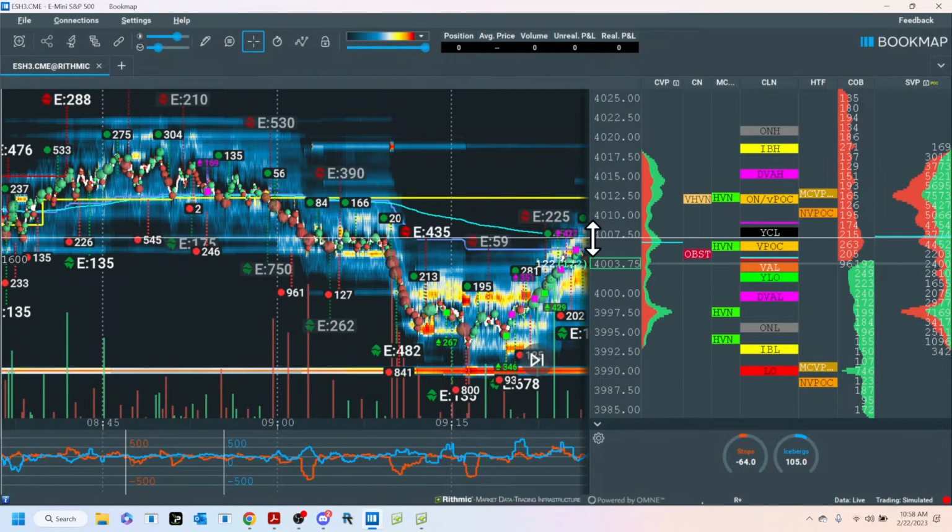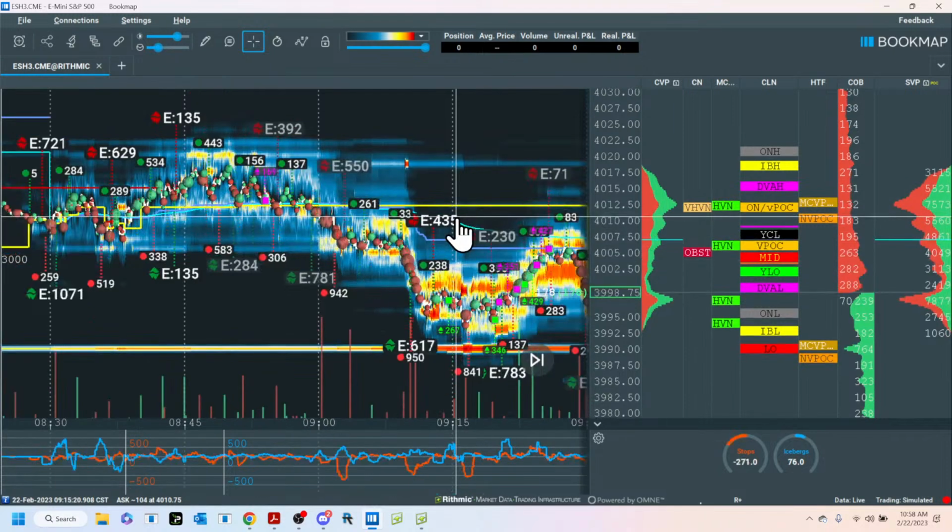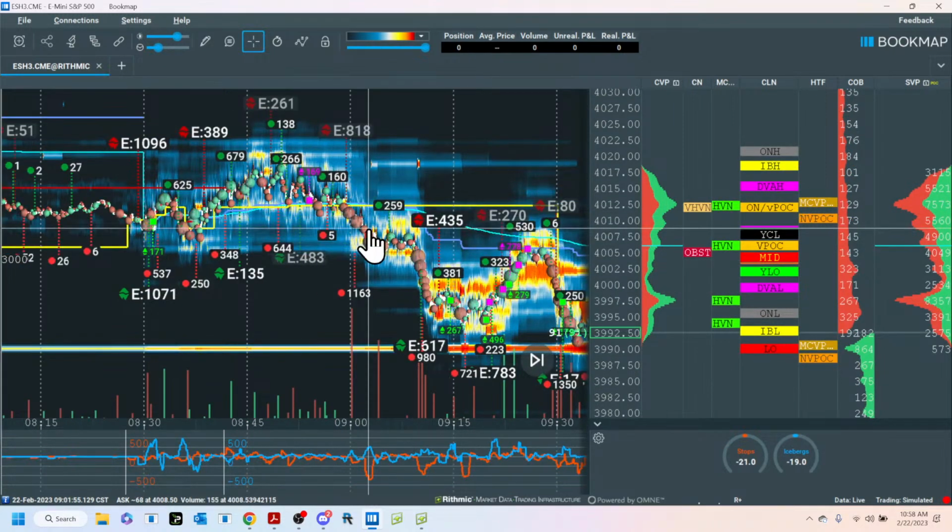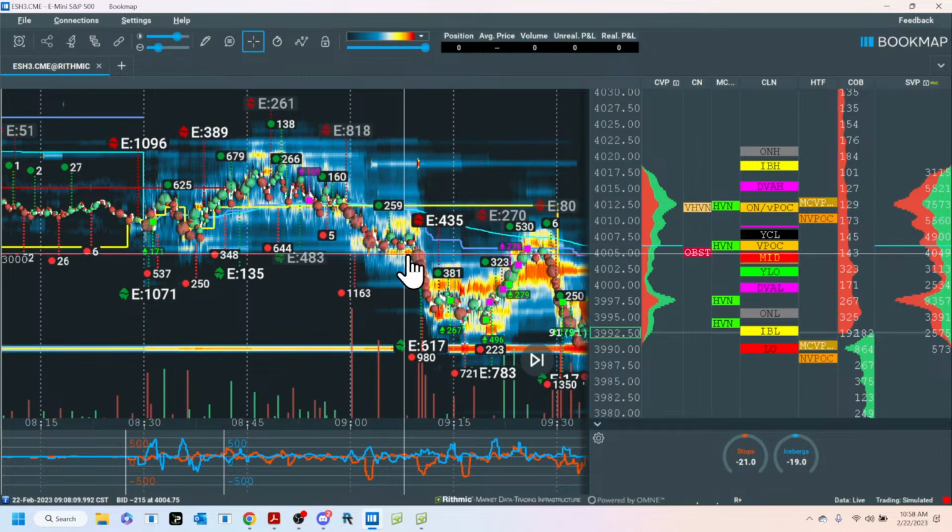I think this is the right level. Let's just see what happens here. Do you see this? 4005. Are you guys with me? Grandala, it's supposed to be retail because the trade size is small.